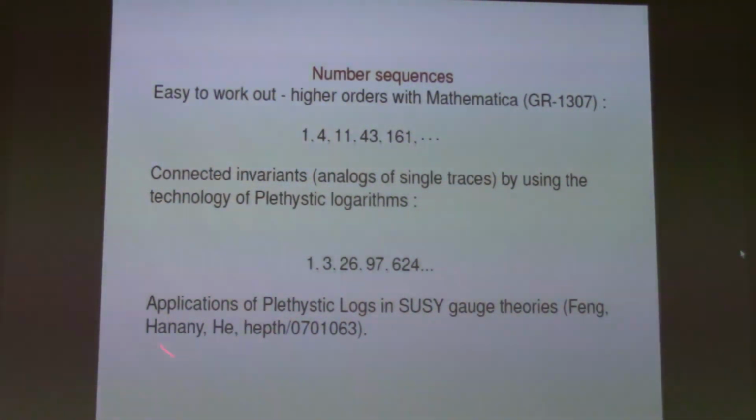You write out the generating function for this up to some order, let's say 30, and then there's a formula, the plethystic log. You apply that, and then you get the connected ones. So there are nice ways to get the connected counting as well.